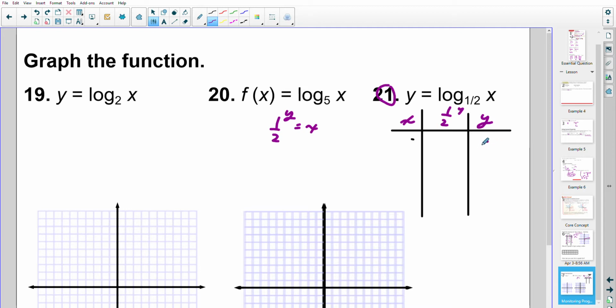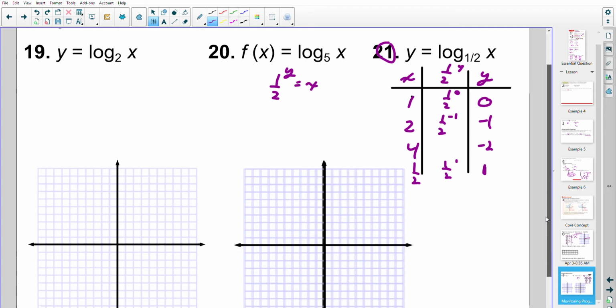For example, 0 is going to give me 1. Negative 1 gives me 2. Negative 2 gives me 4, and 1 would give me 1/2. So those are enough points in order to graph.